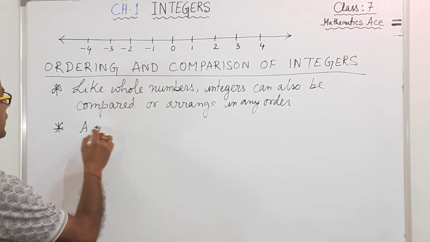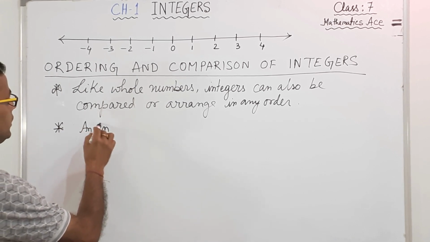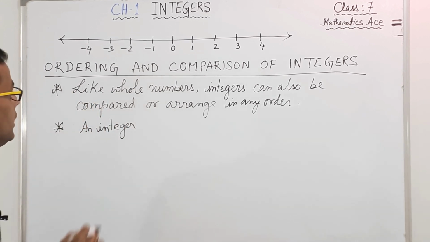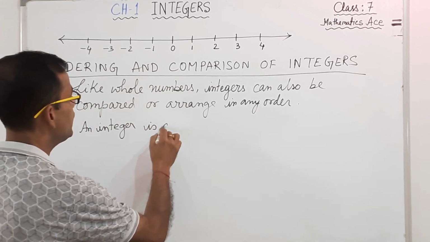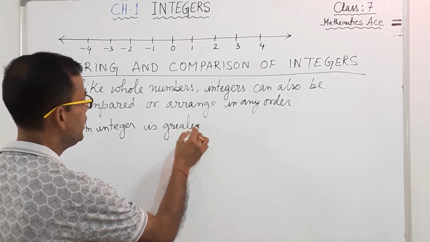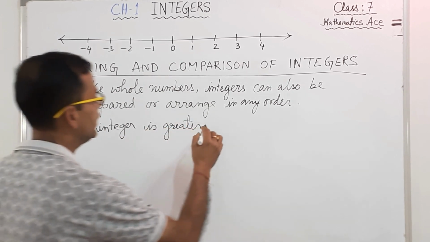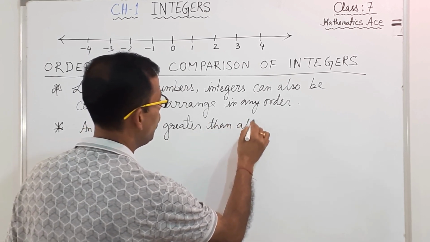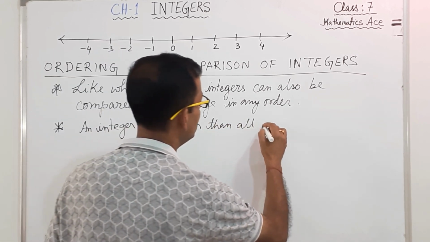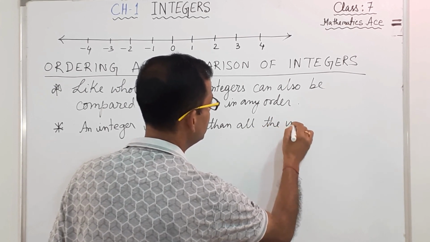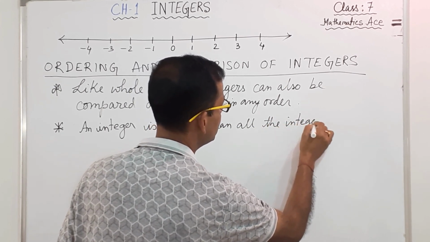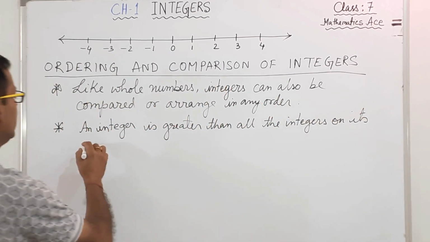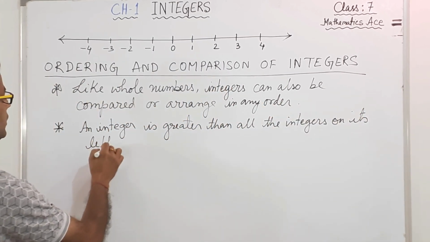Then the next one is, an integer is greater than all the integers on its left.